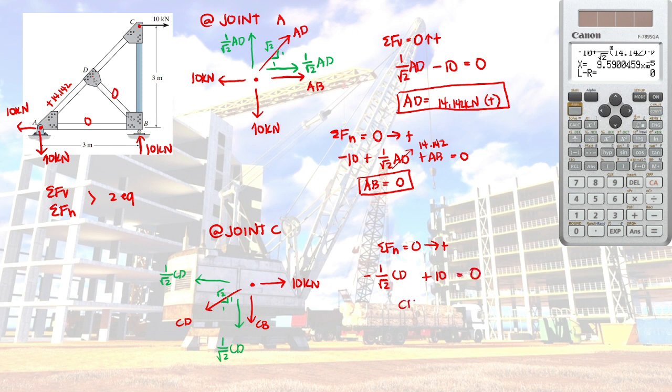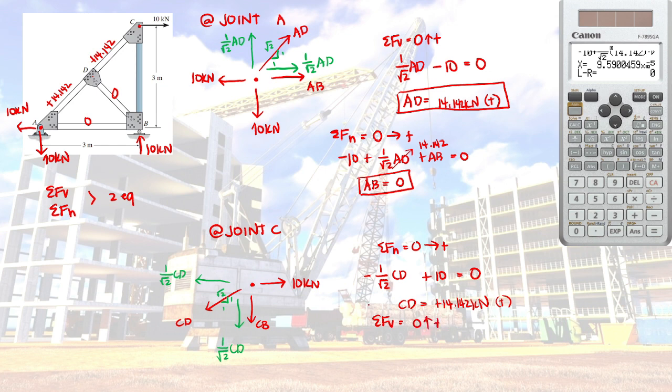So our CD would become positive 14.142 kilonewton. It is positive, so tension.